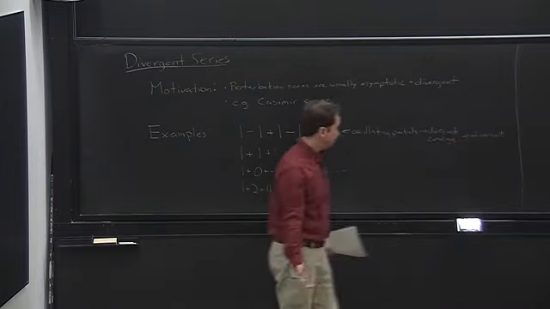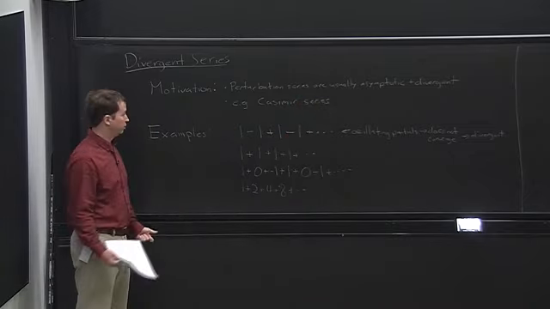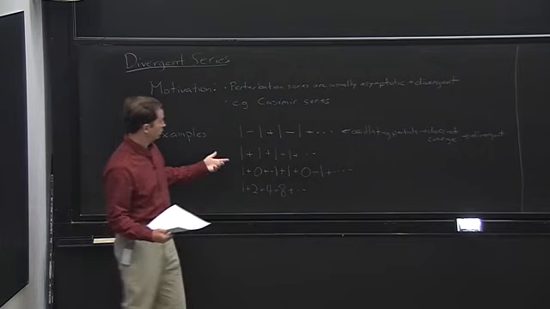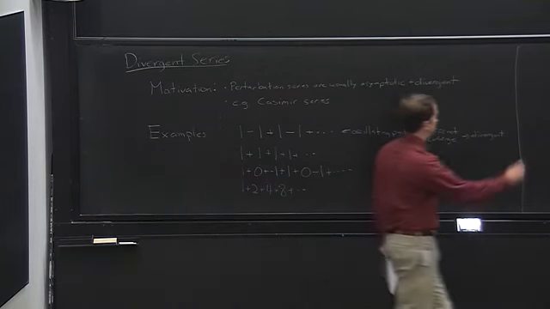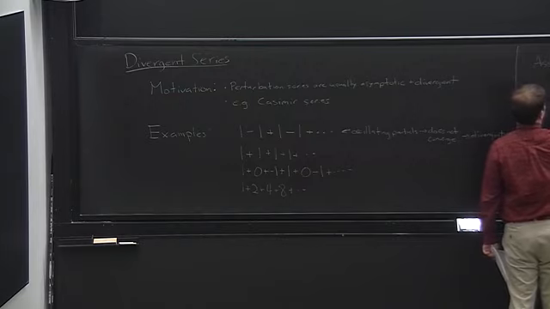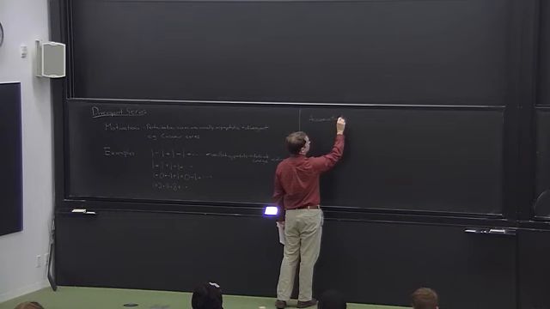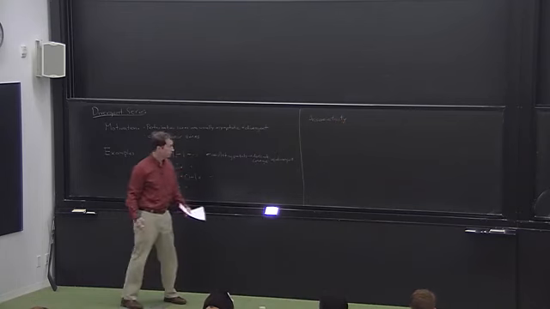Okay, so what are the properties of addition that we need to keep in mind when we're dealing with divergent series? One of the key properties of addition that you're all used to using is associativity.